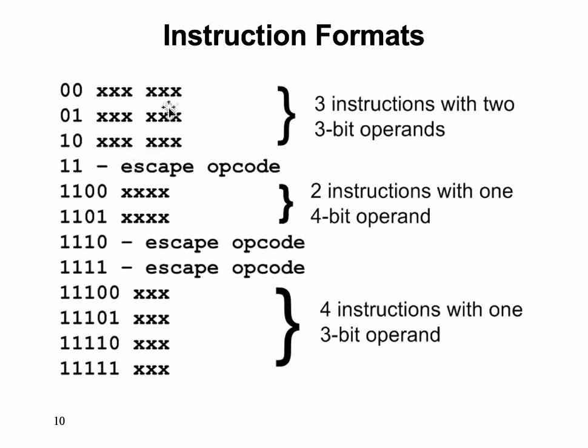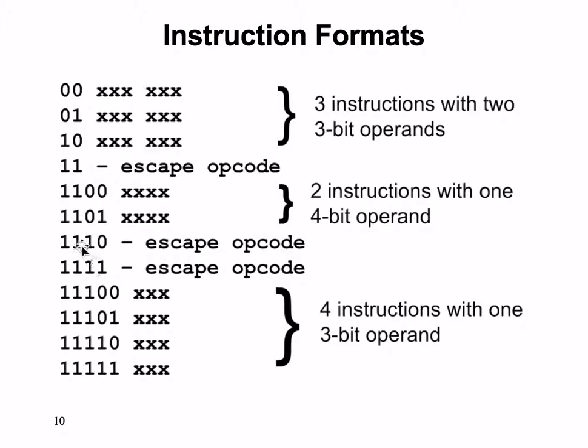For the first group right here, the escape code is going to be 11. In the first group, we have the 3 instructions with two 3-bit operands. So that's the first 3-bit operand, and there's the second 3-bit operand, and we have the 3 instructions right here. In the second group, the escape code is going to be 1110 or 1111.